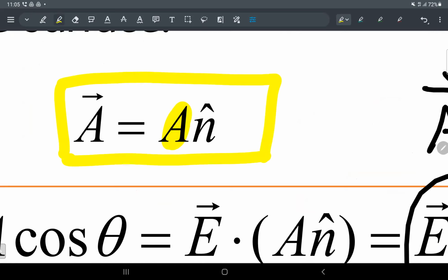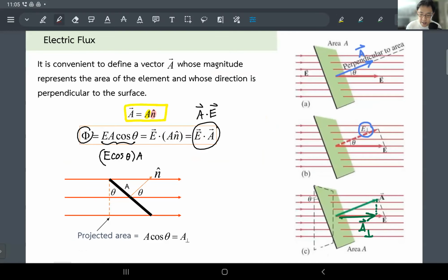If I have just a paper, the width times the height is your surface area A. But now you want to assign the direction to this, you just multiply by the n hat. The n is just for saying that it's normal. Normal is perpendicular. So that's how you define the area vector. It's just taking the normal direction from that actual surface. That's n hat right there. And you are done. Okay.